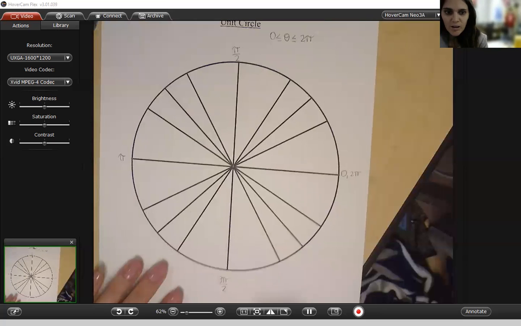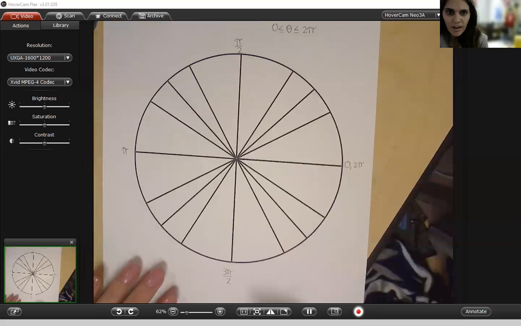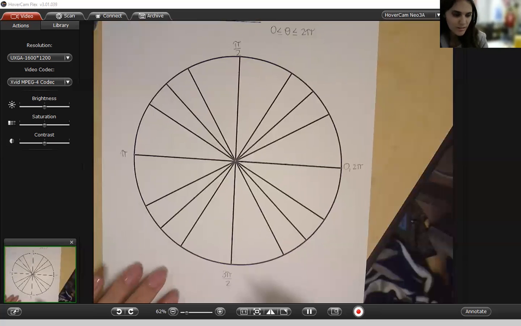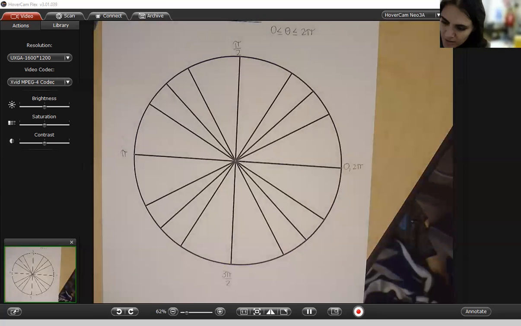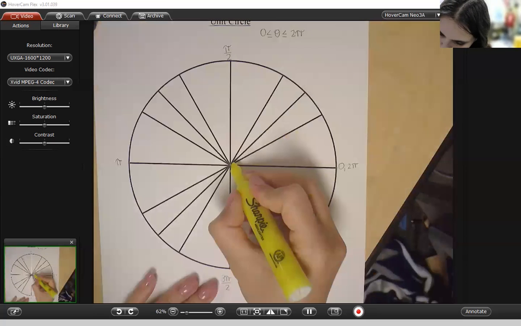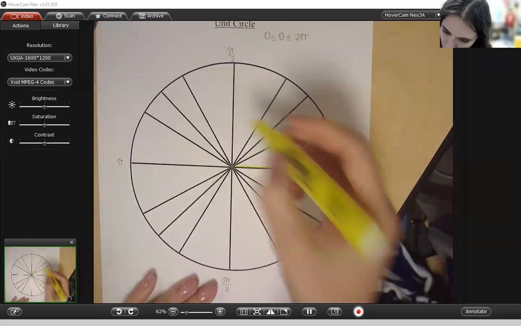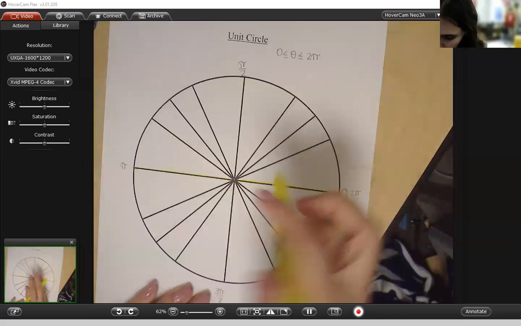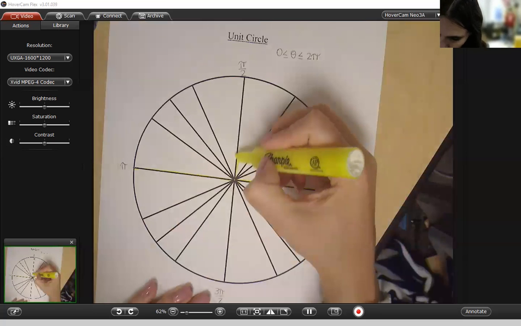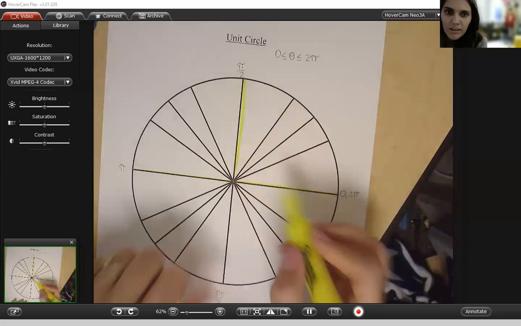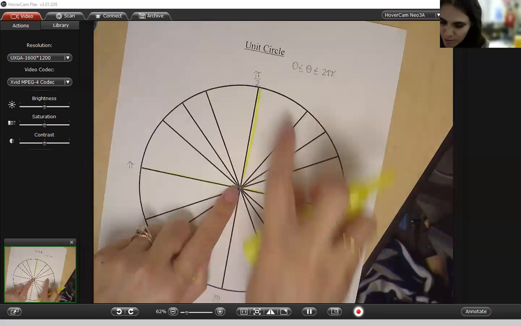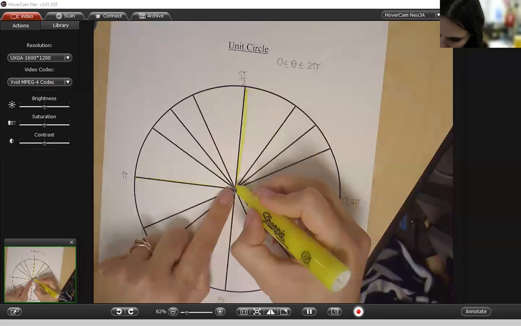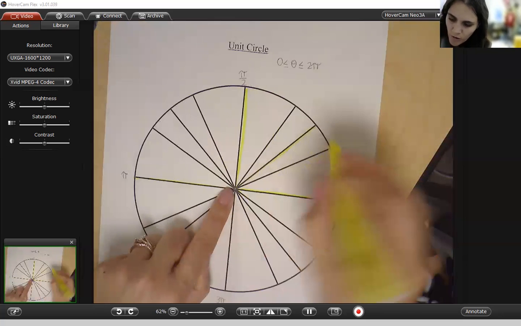All right, now let's do fourths. I'm just going to highlight this into fourths. If this is a full pi, and we said this is half a pi, then halfway to my half would be here, so that would be 1/4.